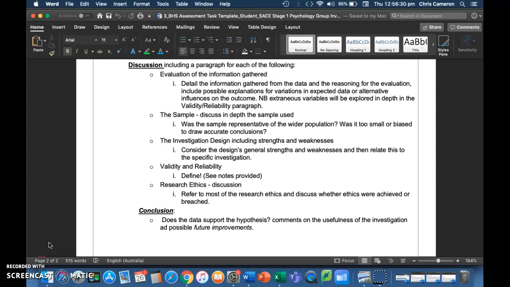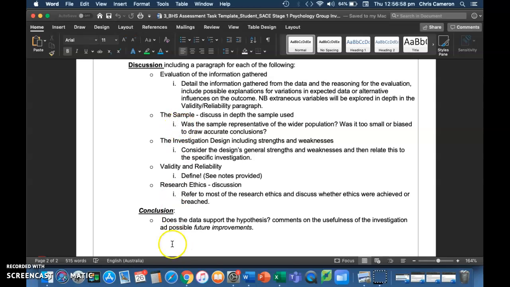The paragraph will be about the sample. You're going to talk about the participants, which means they're only a representative, they are the sample of whatever population you're suggesting. So here the point is made, what was the sample representative of the wider population? Was it too small or biased to draw accurate conclusions?